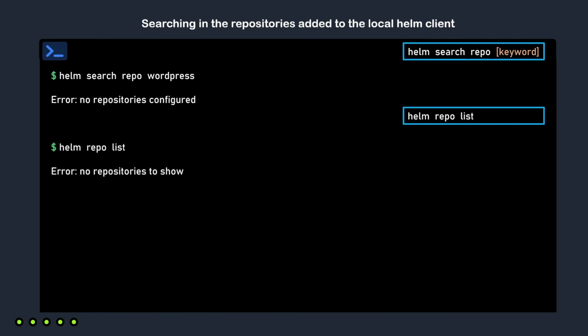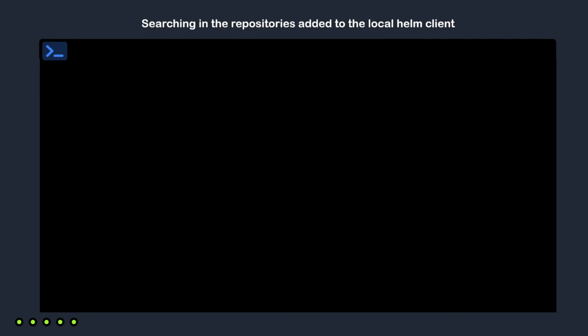So first of all, we need to add some chart repositories to our local Helm client. To add a chart repository, we execute the helm repo add command, followed by the name that we want to give to the chart repository, followed by the chart repository URL.